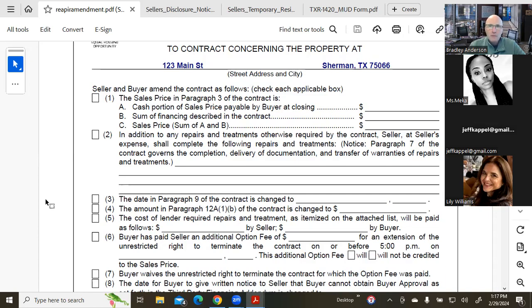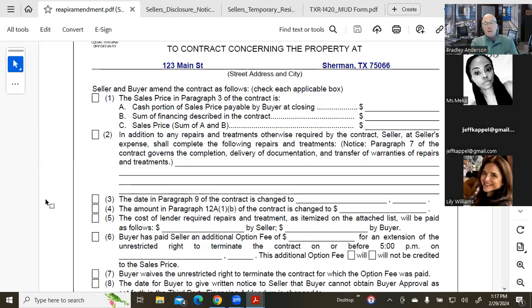The buyer hires an inspector to look for stuff. He or she finds it, and you and the client decide what you want to ask the seller to address. And in paragraph 2, it actually says, in addition to any repairs and treatments otherwise required by the contract, seller, at seller's expense, shall complete the following repairs and treatments. And notice, paragraph 7 of the contract, whenever they say contract, I mean the 1 to 4, governs the completion, delivery of documentation, and transfer of warranties of repairs and treatments.